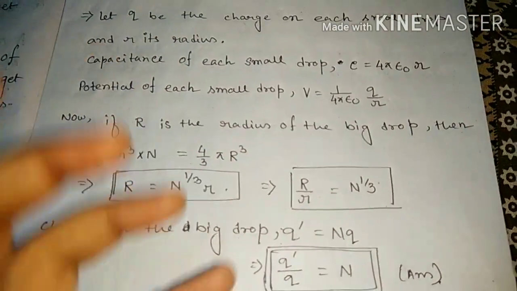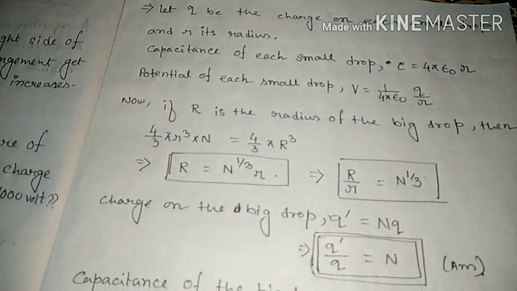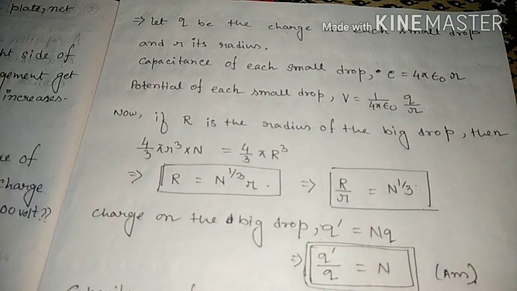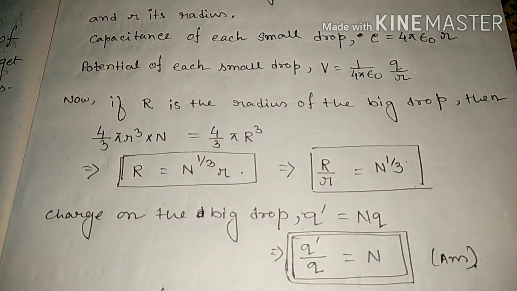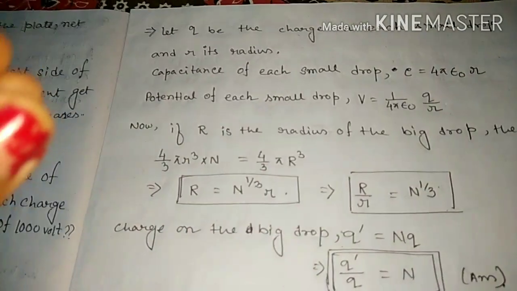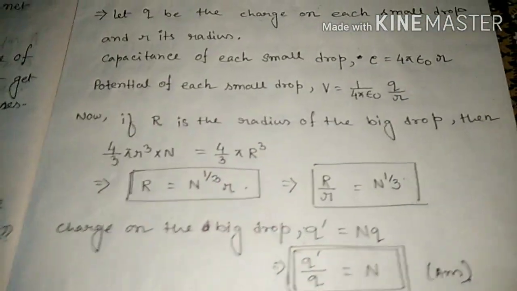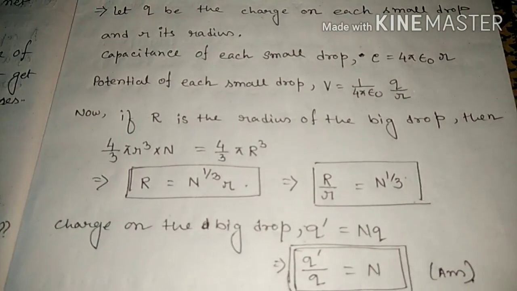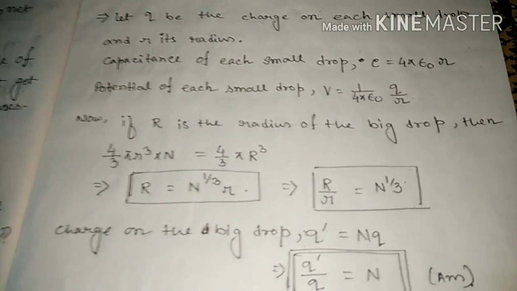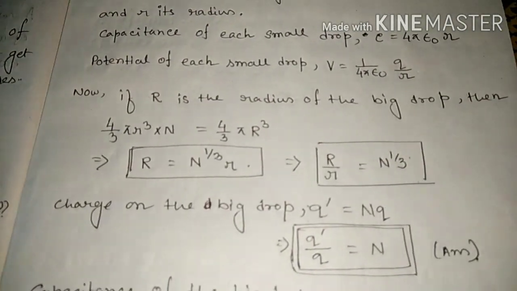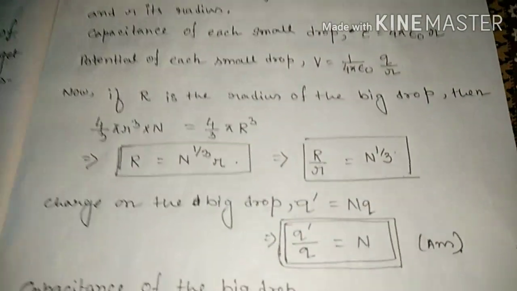The volume of the one big mercury drop equals the volume of N mercury drops, because from the smaller drops we get the bigger drop. So from that we get R equals N to the power 1/3 into r.